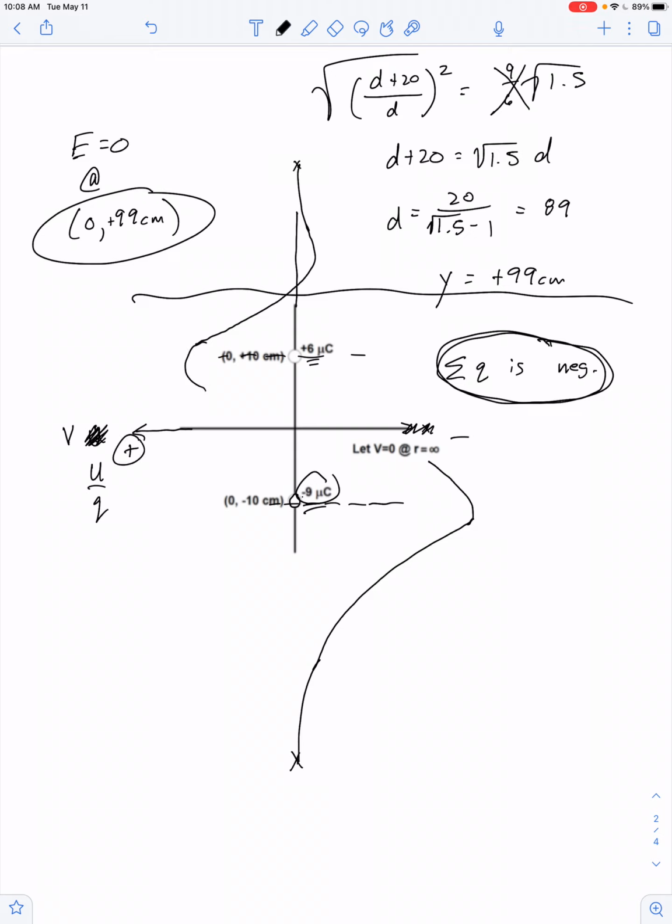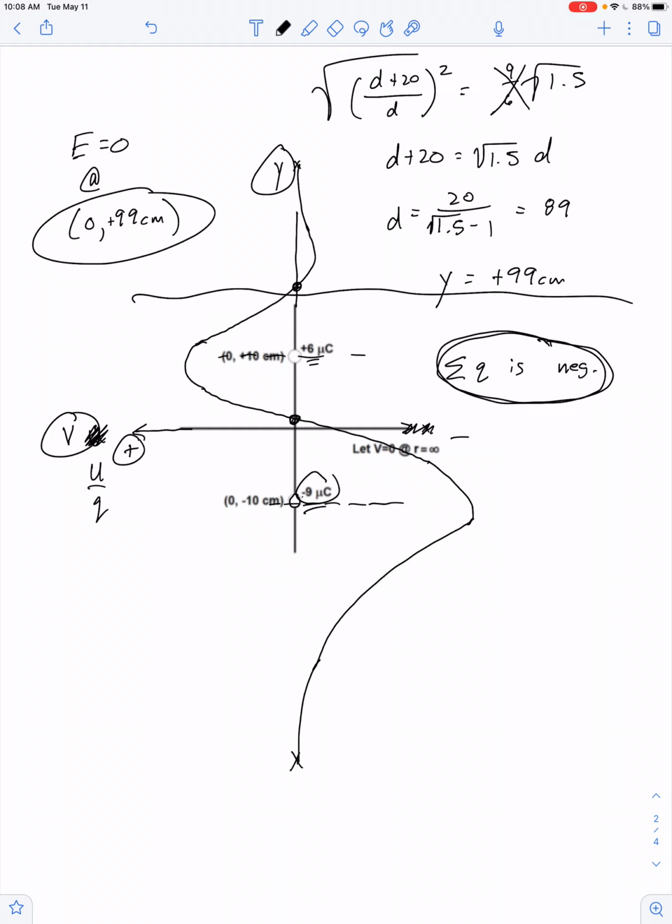So somehow our graph of electric potential versus position on the y-axis might look like this. So it looks like there's 1, 2 points where the electric potential is equal to 0.